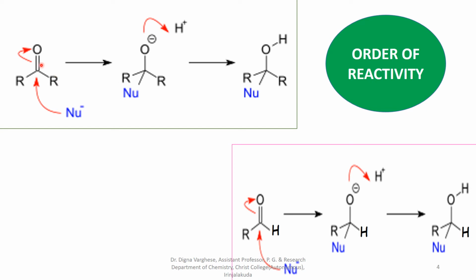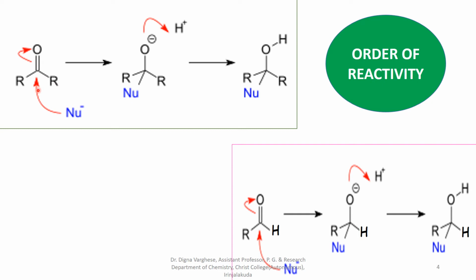So the electrophilicity, the electron loving nature of this particular carbonyl carbon, is less when compared to aldehyde, because here only one electron releasing alkyl group is present. So the electrophilicity is more in this carbonyl carbon when compared to ketone.